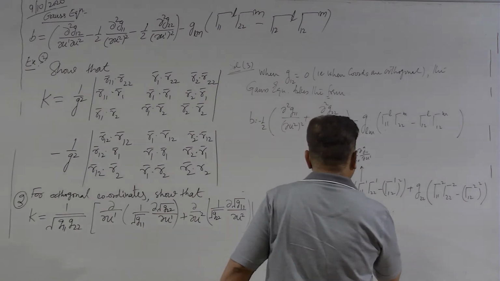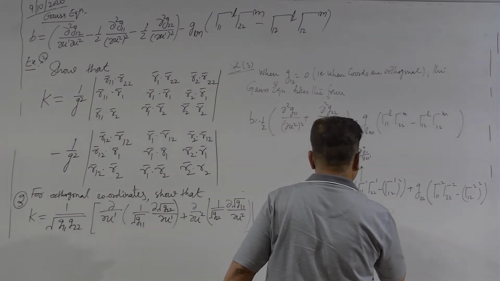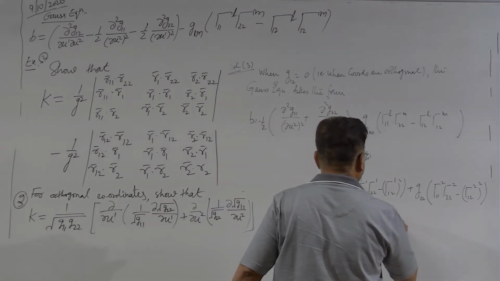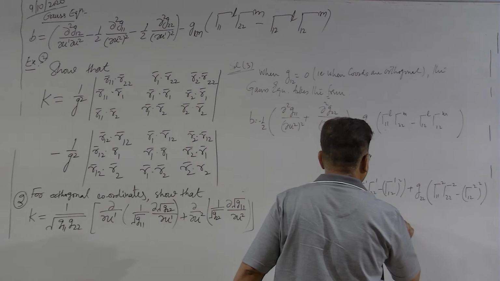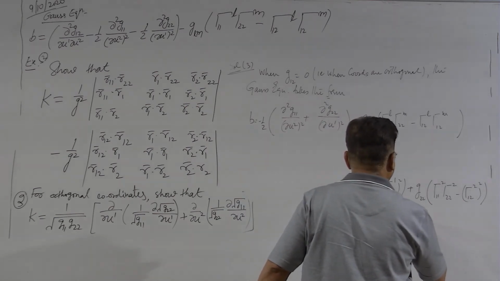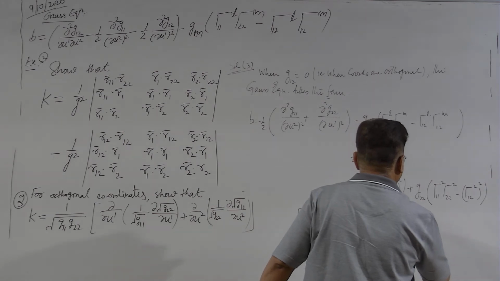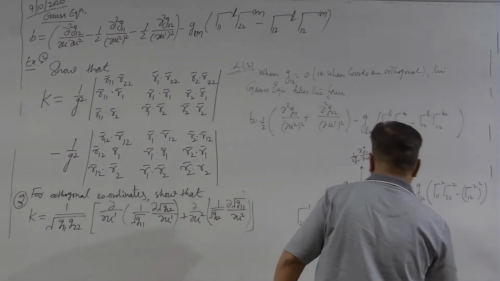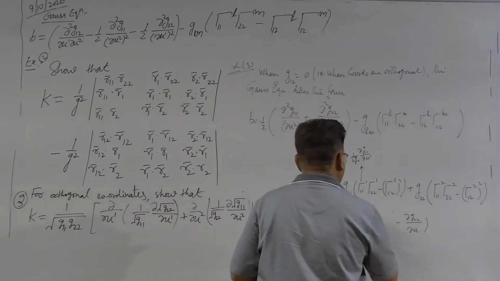I m means del G21, so it is useless, plus del G_jm means 21, that is also useless, minus del G22 upon del U^k, means del U^1, so only this one.